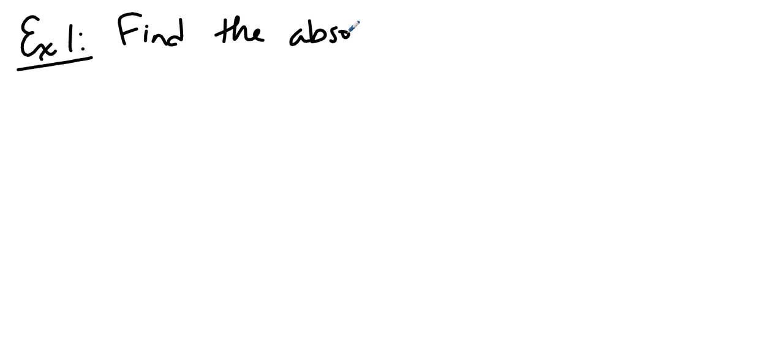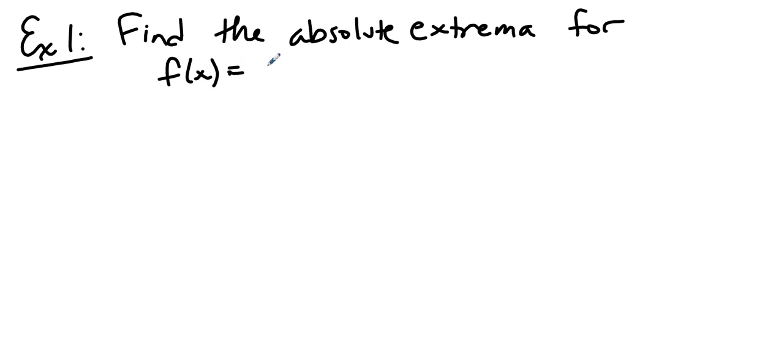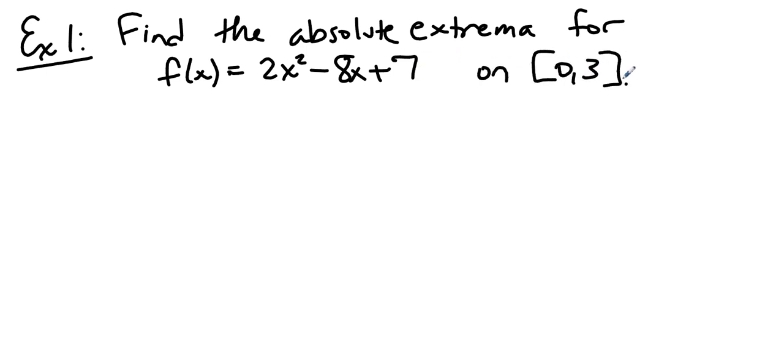So find the absolute extrema for f of x equals 2x squared minus 8x plus 7 on [0, 3]. There's a couple of ways to skin this cat.